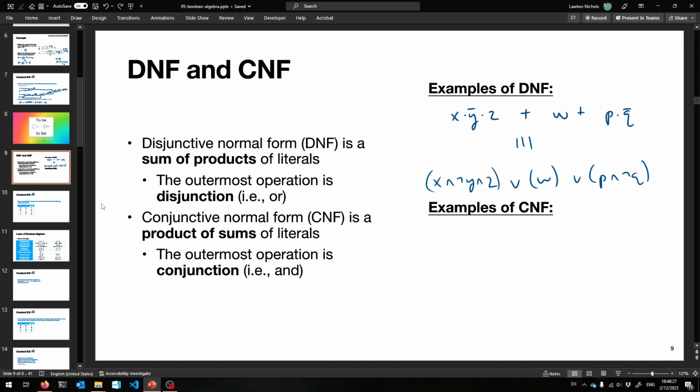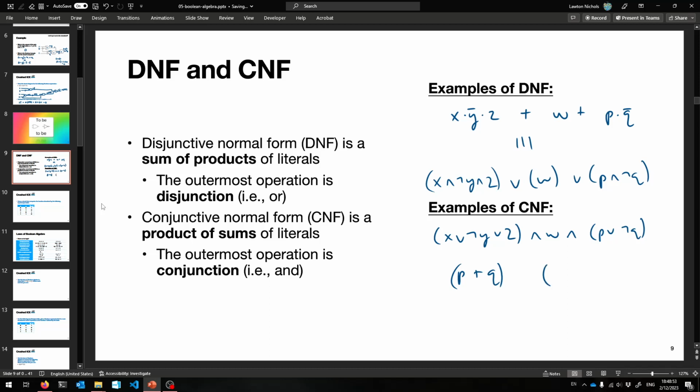Okay, so here are some examples of CNF. It's an AND of ORs, so like if I just flip all of these to be x ORed with not y, ORed with z, and that with w, and that with p OR not q, that's immediately CNF. I hope that makes sense. And then, again, we can do the fancier style where p plus q is the inner thing. It's a bunch of sums.